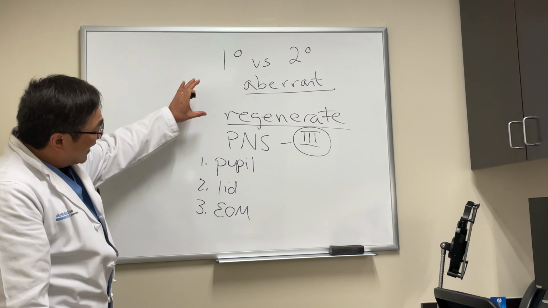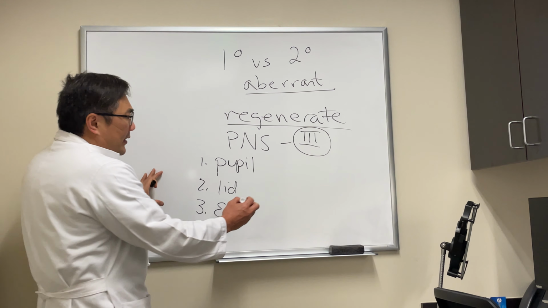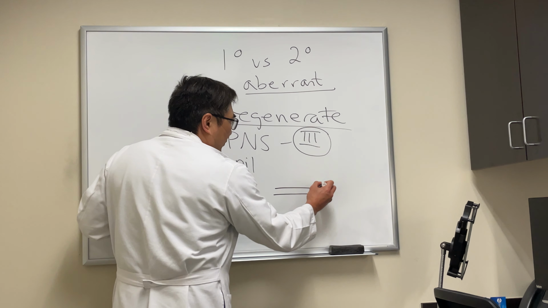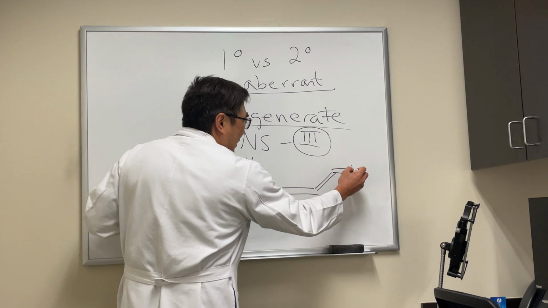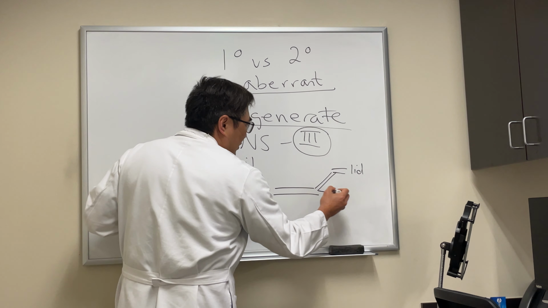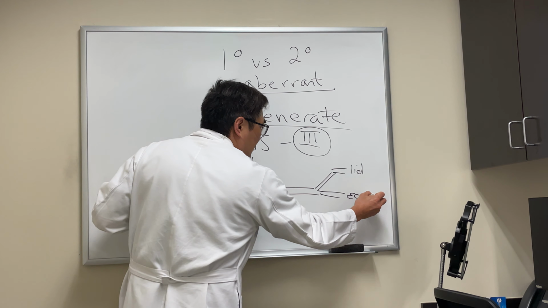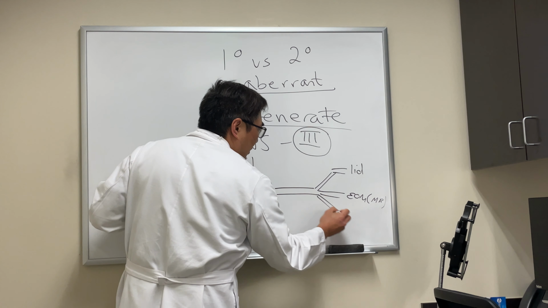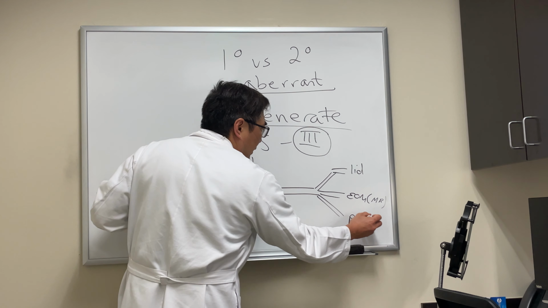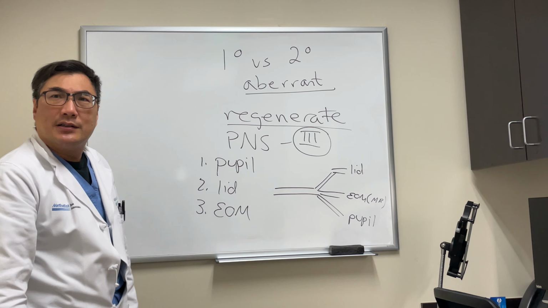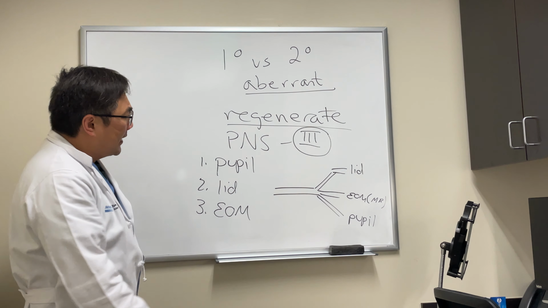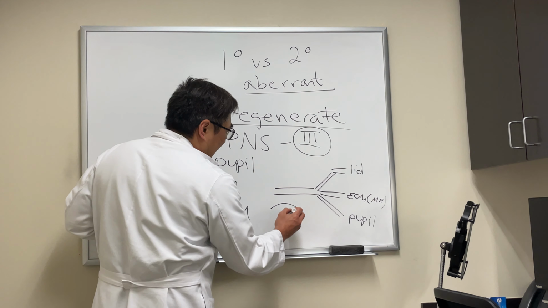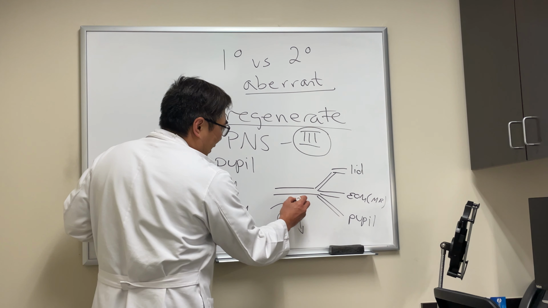And so when you have aberrant regeneration, the third nerve fiber that used to go to the lid might go to a muscle, like the medial rectus muscle, or the fiber that used to go to the pupil, or any combination of this. So the most common is when the patient has a third nerve palsy and they look down, the lid retracts.